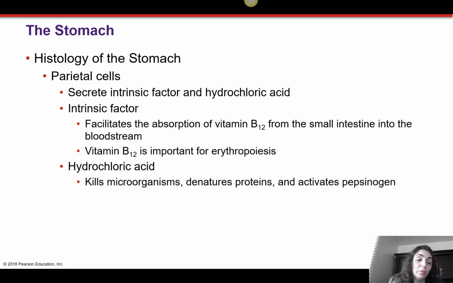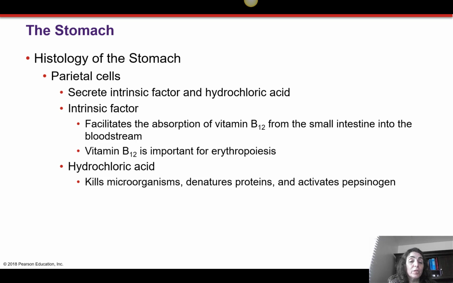When vitamin B12 is absorbed, it can go to the related area and help in the synthesis of the erythrocyte, right? So if we do not have intrinsic factor, what will happen? Vitamin B12 cannot be absorbed into the blood, and we will have a low level of vitamin B12.